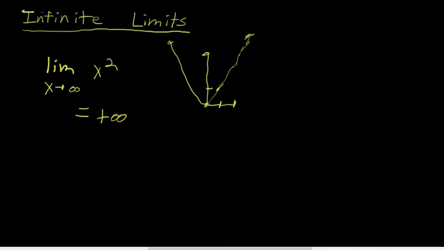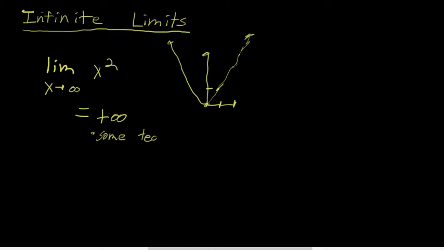Now, of course, here comes a problem: infinity is not really a number. But some math teachers still say it's okay for you to say that the limit as x tends to infinity of x squared is infinity. Some would prefer that you say the limit does not exist.